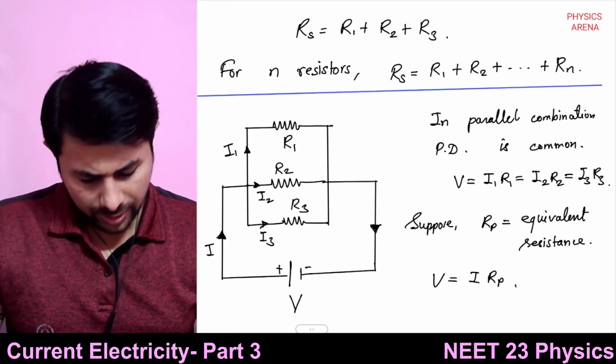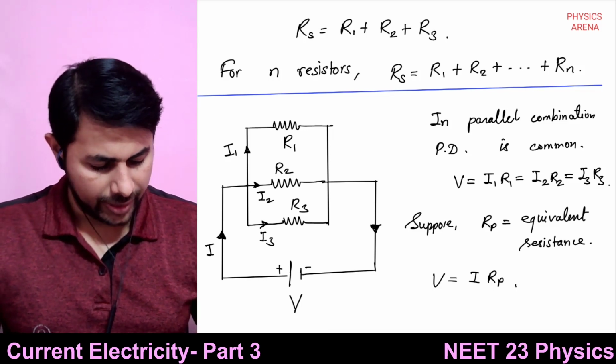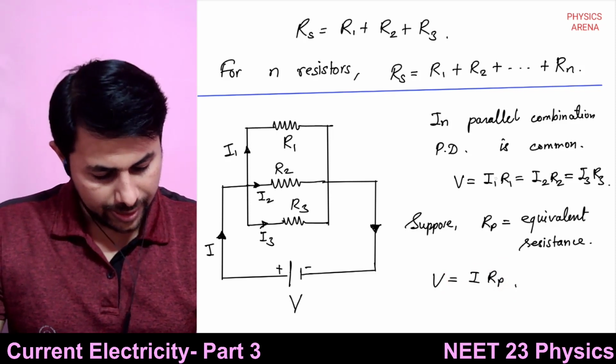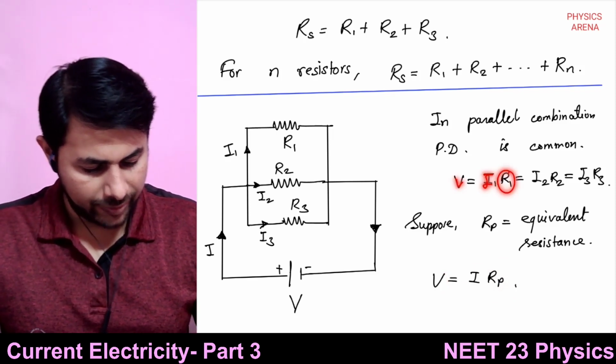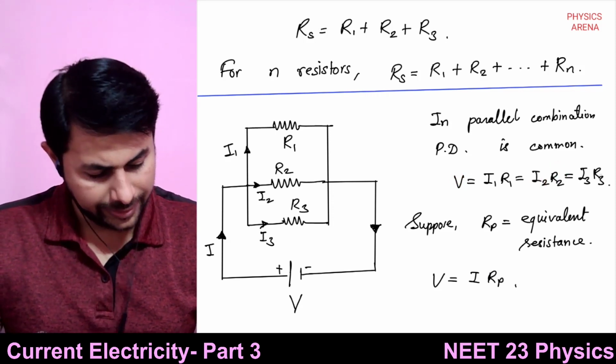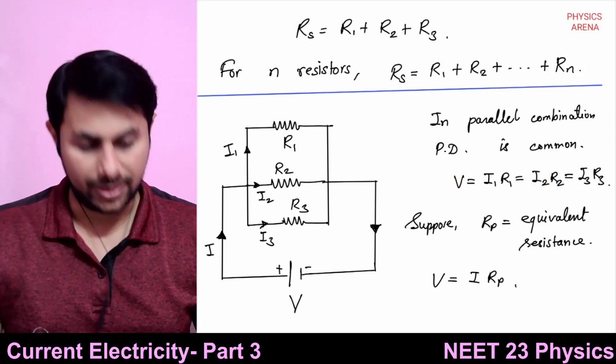Okay, and then I can write I equals V upon Rp, I1 equals V divided by R1, I2 equals V divided by R2, and I3 equals V upon R3.